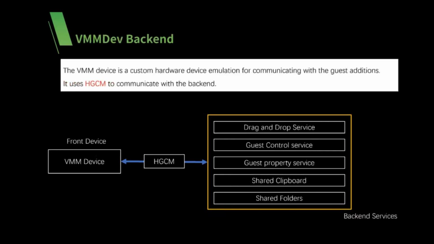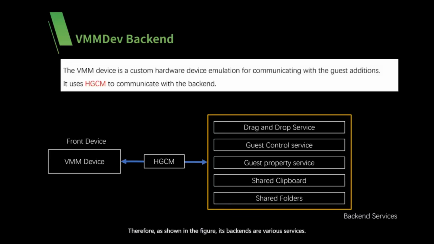Next is the VMM device backend. VMM device doesn't emulate a hardware device. It is just a custom host and guest communication device. It provides a communication basis for sharing files, dragging files, and other functions.